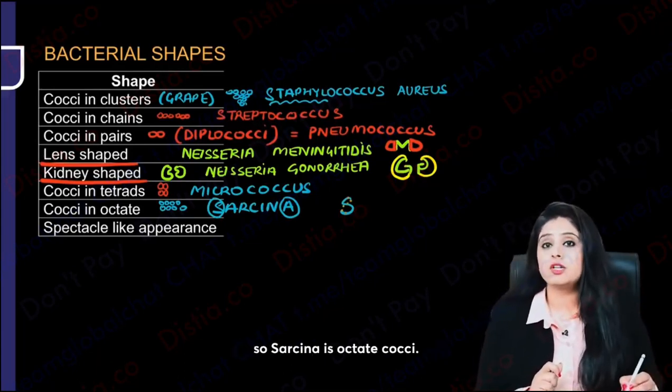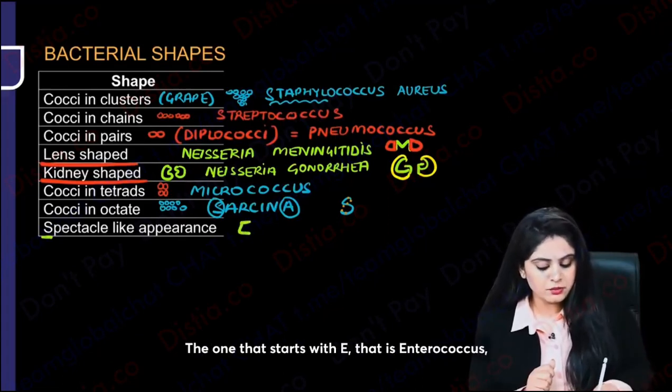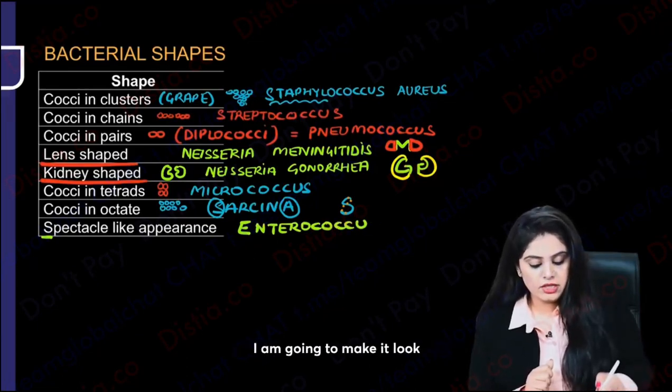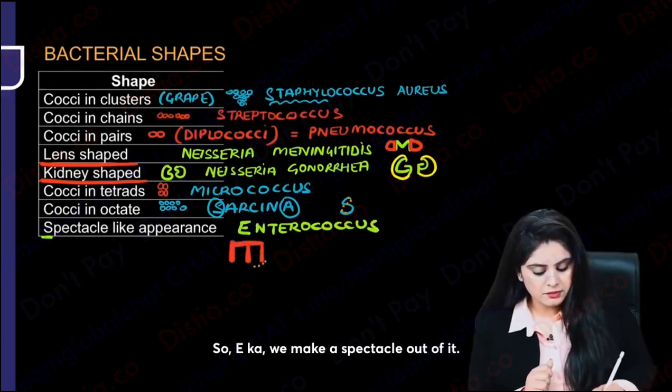So Sarcina is octate cocci. Coming to the last one, spectacle shape, the one that starts with E, that is Enterococcus. I'm going to make the E of the Enterococcus look like a little bit of a spectacle.